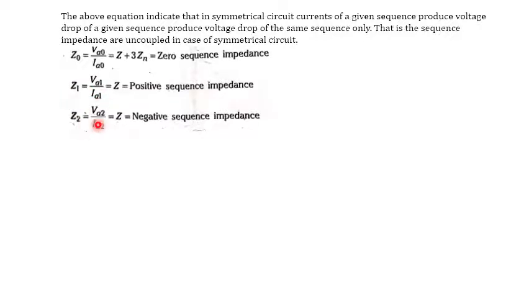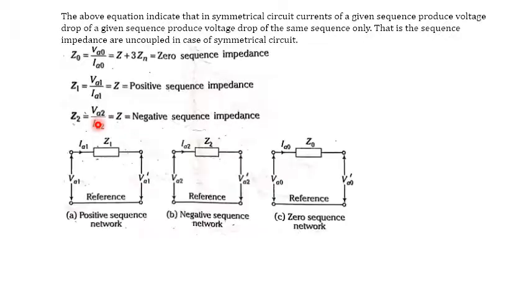Similarly for the negative, there is no correlation from positive to negative and negative to zero. The same sequence voltage consists of the same sequence impedance and current. So that's why we can apply these things in the case of the symmetrical circuit.